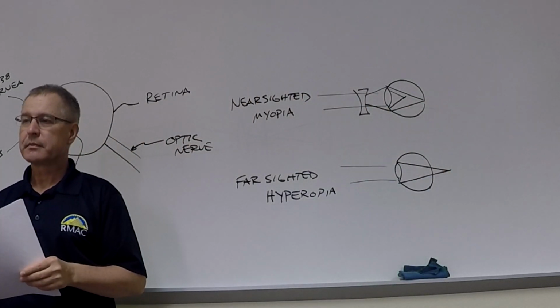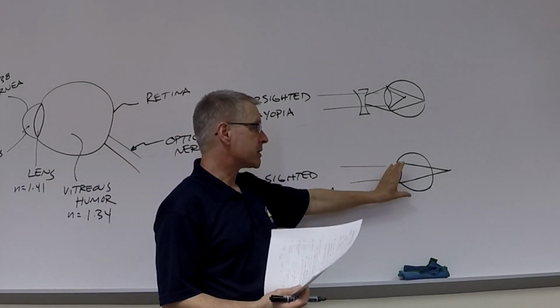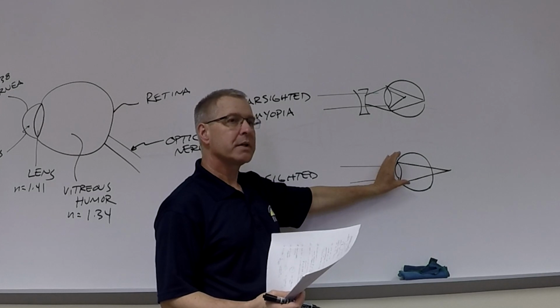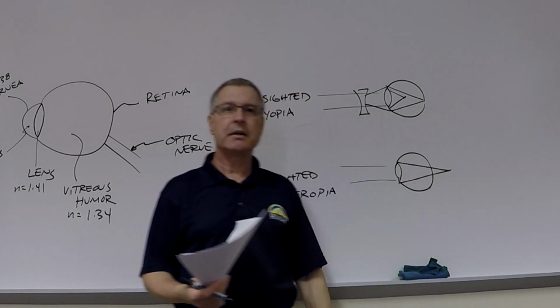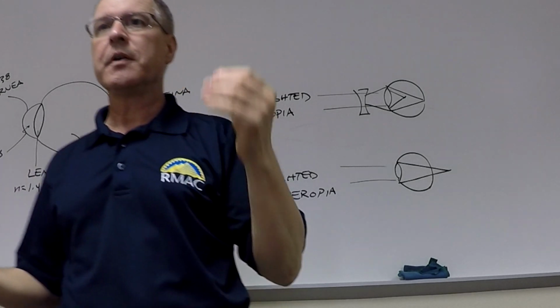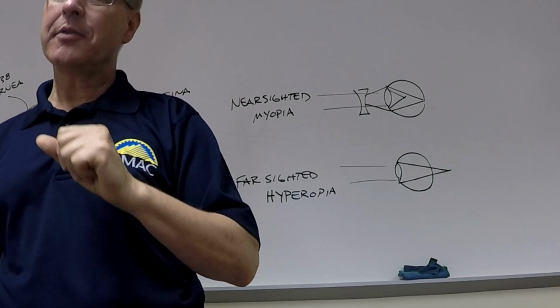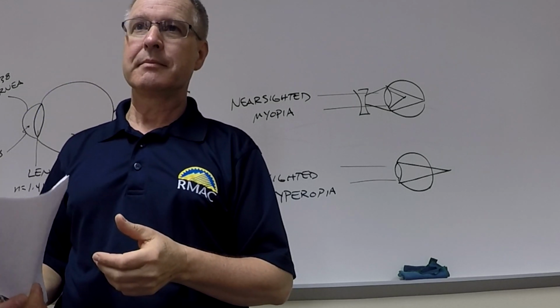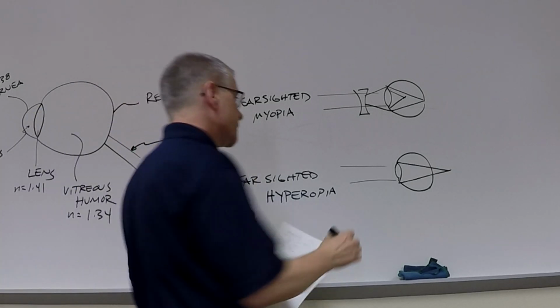and then when our lens cornea system gets a hold of it, now it focuses where it's supposed to. For somebody that's farsighted, their lens cornea system can't quite focus it enough, so it's trying to cast an image back here behind the retina. So what kind of lens is going to help with that? If our eyes aren't converging the rays enough, let's give them a little boost with a converging lens.